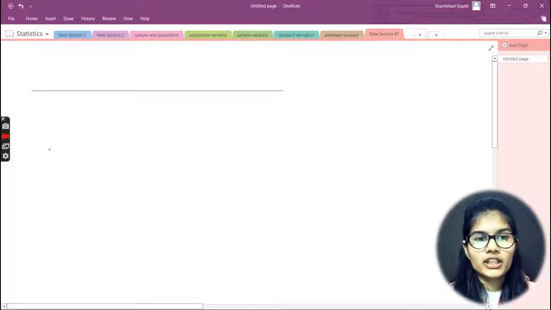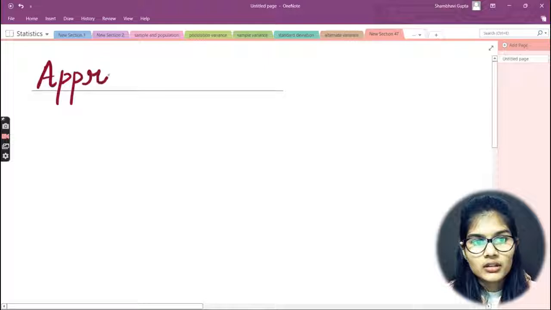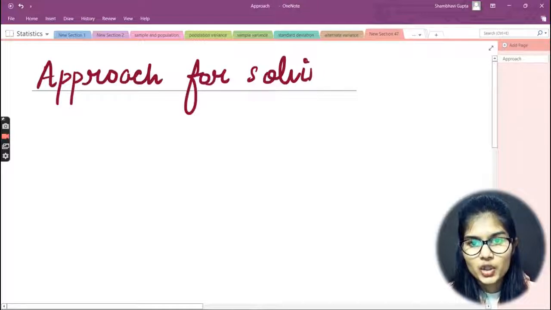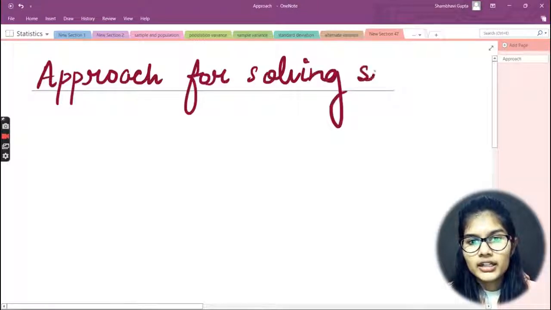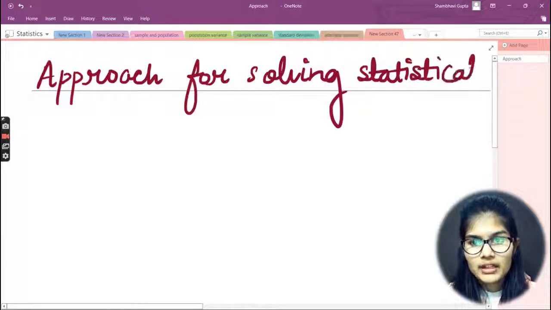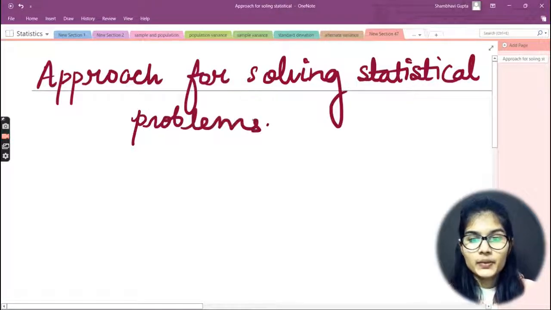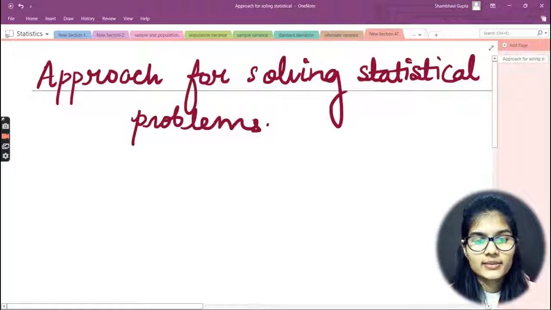So we'll be learning about the statistical approach for solving statistical problems. This is the topic we are going to discuss today.